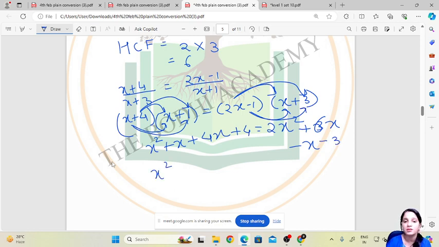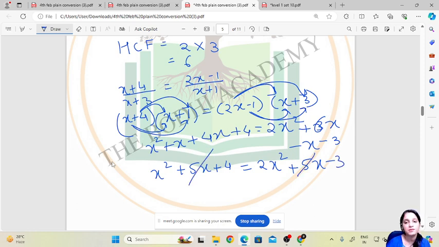So x square plus 5x plus 4 equals 2x square plus 5x minus 3.